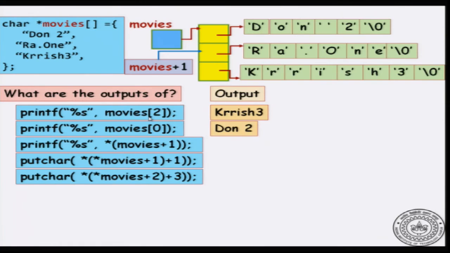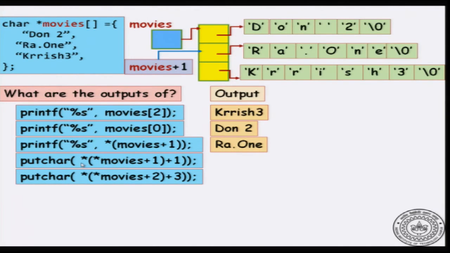Similarly, movies[0] will print the first string, and if you say printf("%s", *(movies + 1)), by pointer notation, this is the same as the subscript notation movies[1]. So, that will print array dot 1.